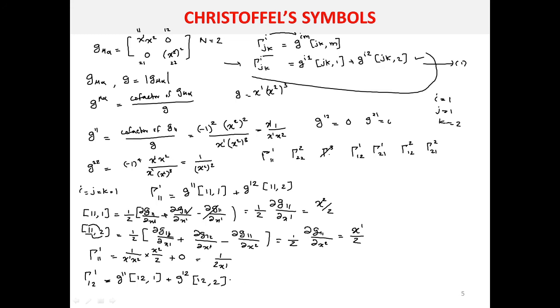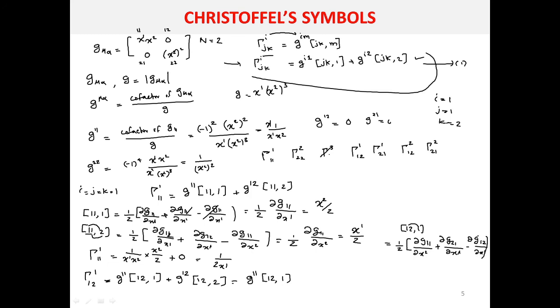The value of g12 is 0, so there is no need to calculate this particular term, so it becomes g11 into [12,1]. So you have to calculate the Christoffel symbol of the first kind [12,1]. What will be its value? It will be half into dou g11 by dou x2, plus dou g21 by dou x1, minus dou g12 by dou x1.